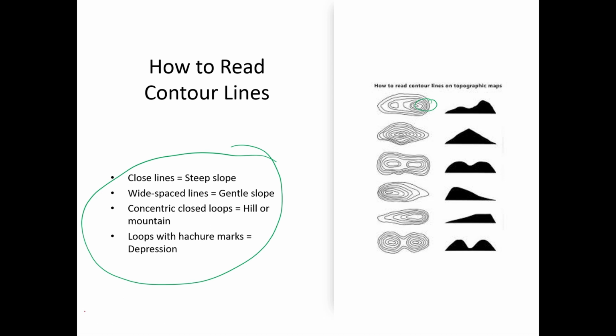When you see wider spaced lines, you're going to have a gentle slope. When you see loops like we see over here, these are some sort of a hill or mountain. And if we see loops with hachure marks, that represents some sort of a depression.